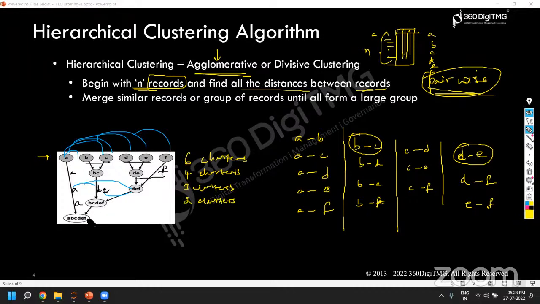And ultimately these 2 are combined together and we get a single cluster. So the agglomerative clustering approach that we speak about is a process of merging similar pairs of records. We keep merging them. Starting with 6 clusters, we end up with 1 cluster.